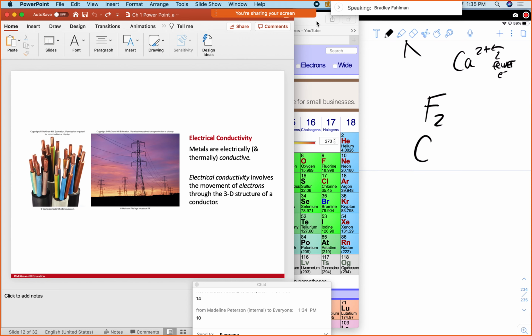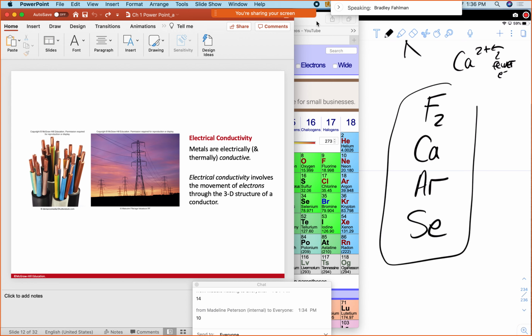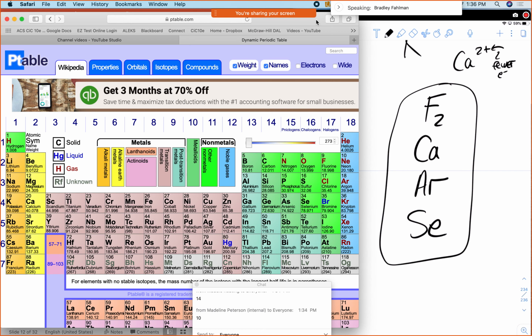So let's see, and selenium. And then ask which one of these would be electrically conductive. What do you think here if we do a little multiple choice?